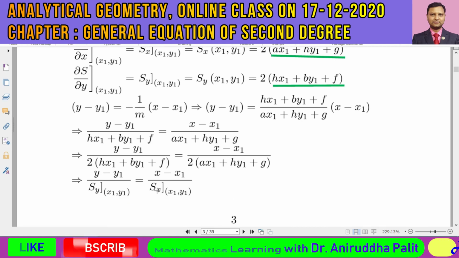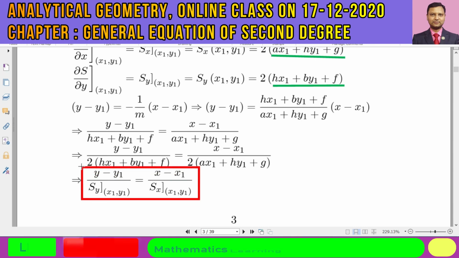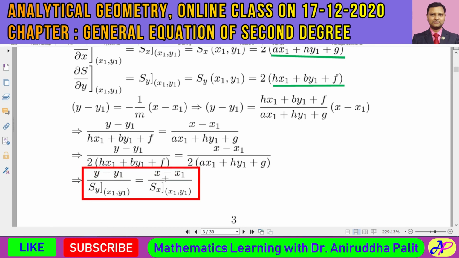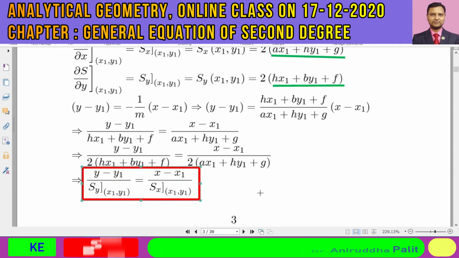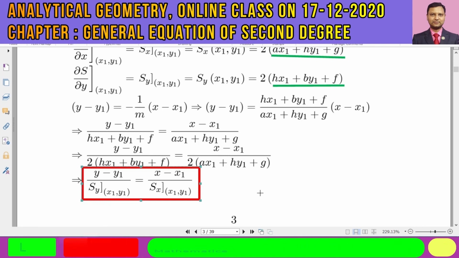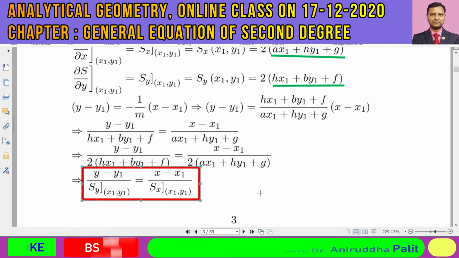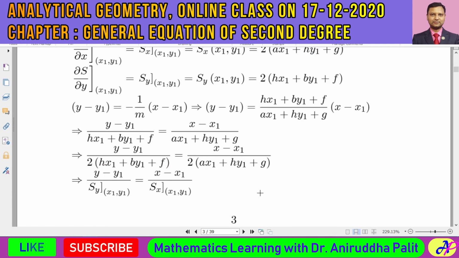So I would advise you to remember this kind of expression, because it will be very useful if we extend the idea of tangent and normal to three-dimensional geometry. In three-dimensional geometry, we have the same kind of notation. So I am trying to make you acquainted with the idea that you will encounter there.